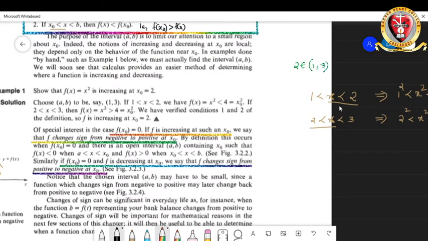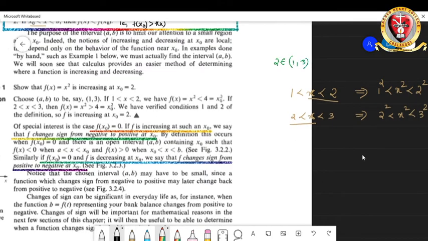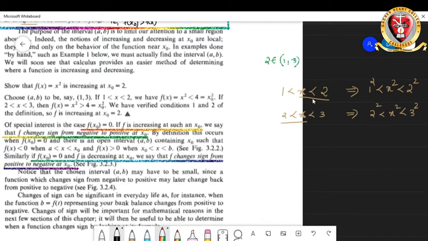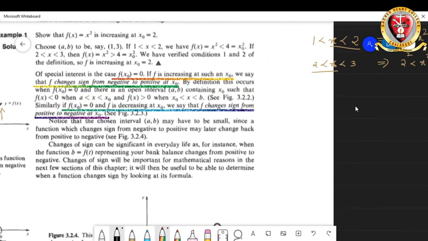So that will imply that the function is increasing at 2, right? Because to the left of 2 and to the right of 2, you are getting that the function is increasing.